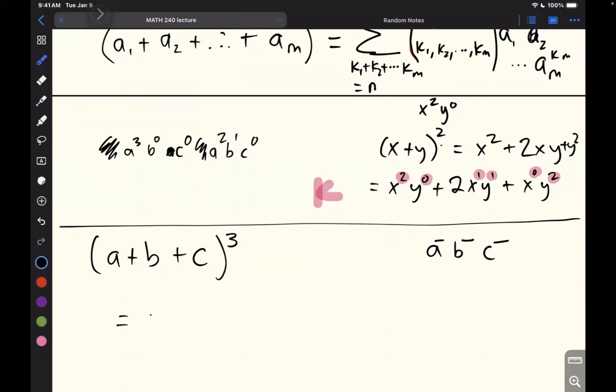So how much time do we have left? 15 minutes. I'll write the first few and then leave the rest to the listener. So we've got 3 to choose something. But from experience, we know that the first term is 3, 0, 0.